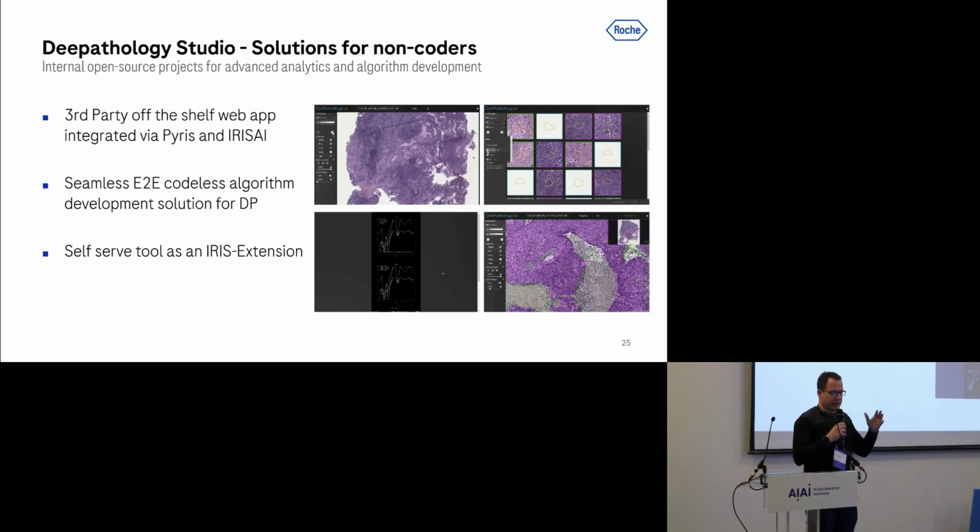All of the images and annotations that we generate using this third-party software are synchronized via Pyris with our platform data, so we remain with a single point of truth. And this collaboration with Deep Pathology and the concept of Iris extensions allowed us to complete this integration in record-breaking time with almost no use of our internal engineering resources.